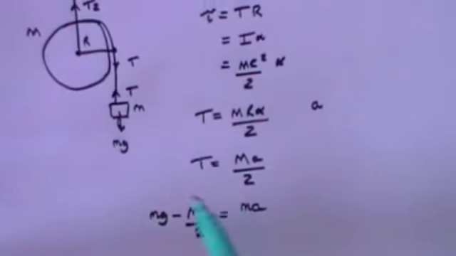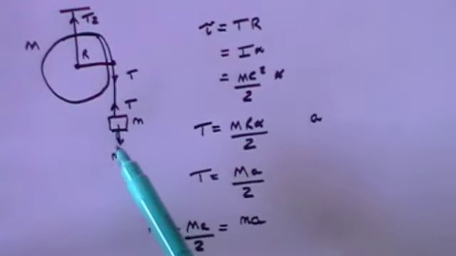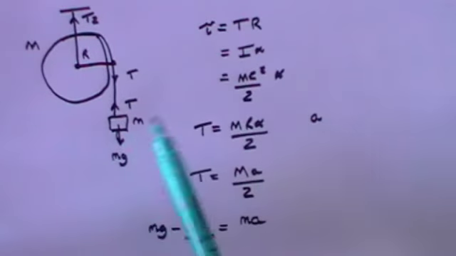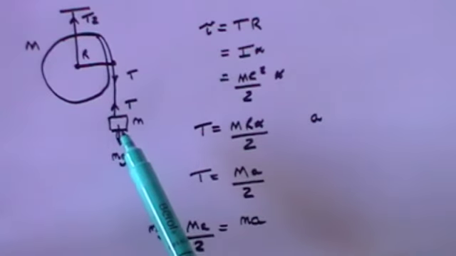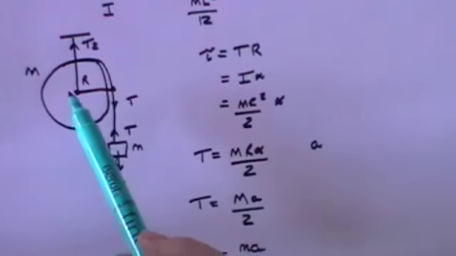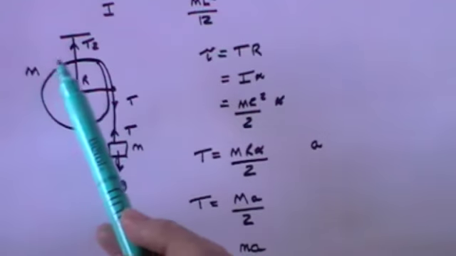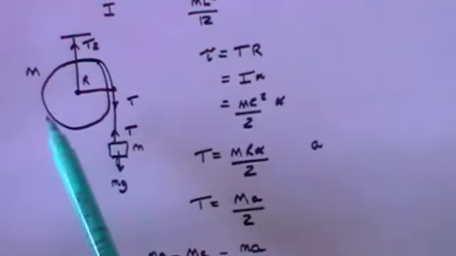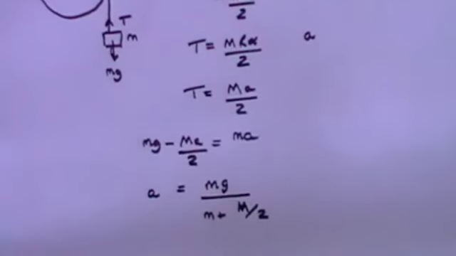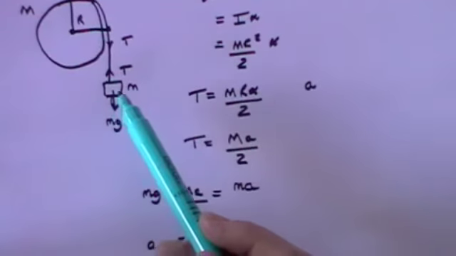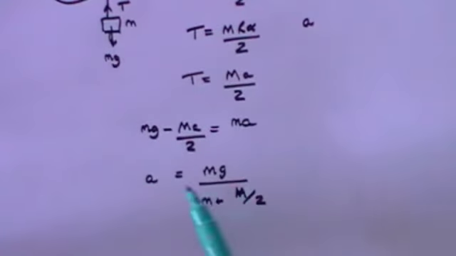But if you have a pulley, the acceleration will not be equal to g because some of the force acting downwards is actually being translated into rotational energy in the pulley, and that will therefore reduce the amount of force acting downwards on this mass, and that reduces the acceleration with which it will fall to the ground.